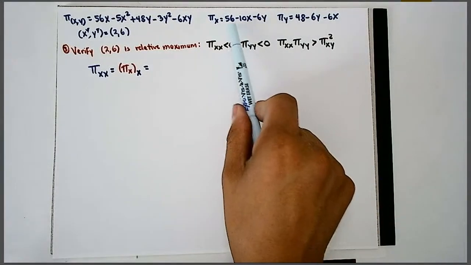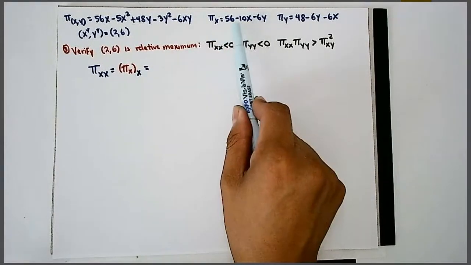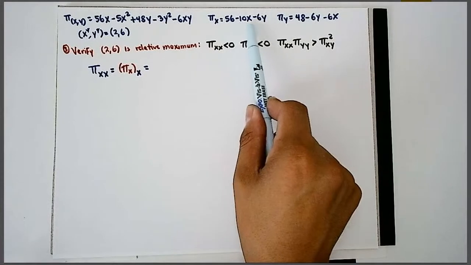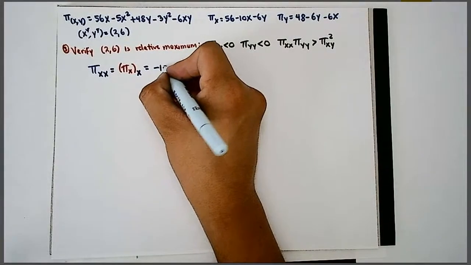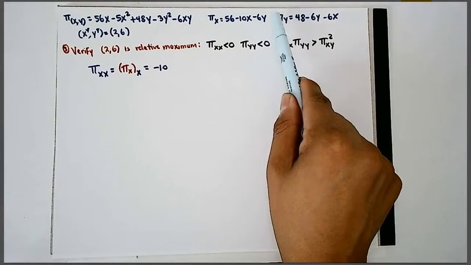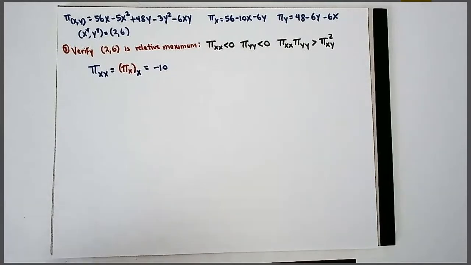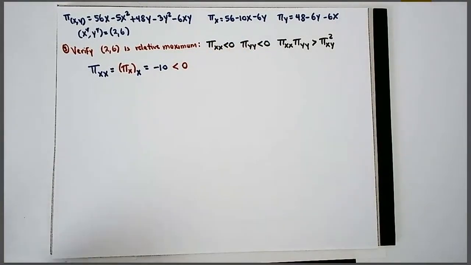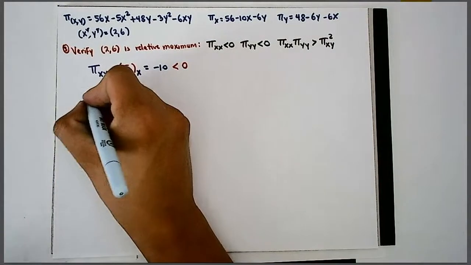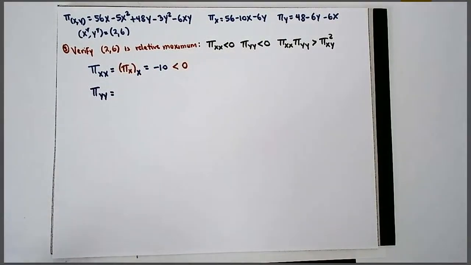So here we have that the derivative of 56 with respect to x is 0. Then the derivative of minus 10x with respect to x is simply minus 10. And then the derivative of minus 6y with respect to x is 0. So this is minus 10. And because this is less than 0, our first condition is satisfied. Now let's continue with the second partial derivative with respect to y.